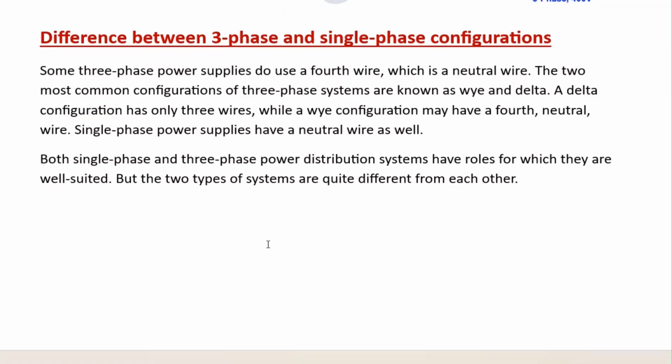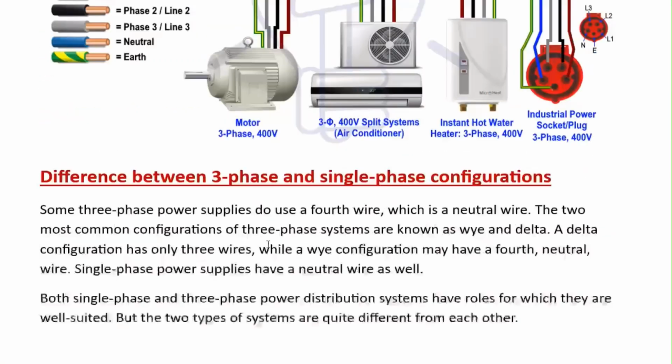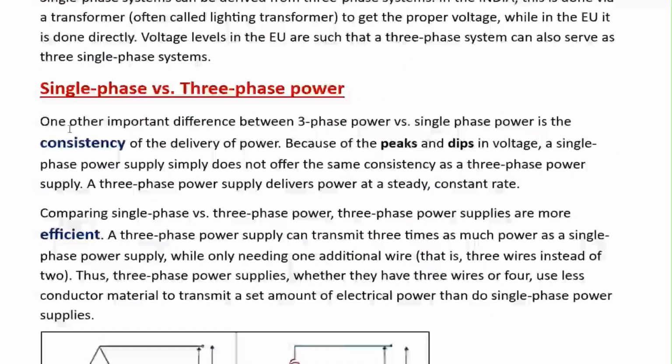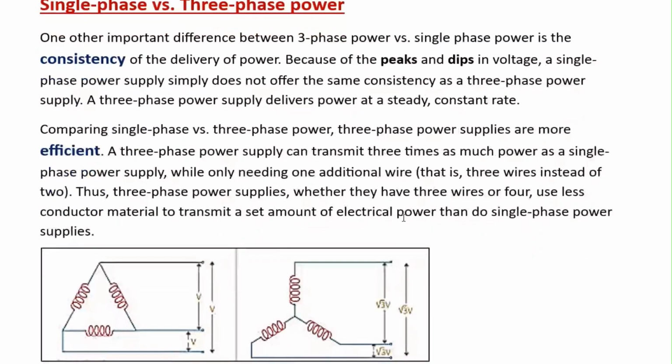So now, what is the difference between three-phase supply and the single-phase supply? This is important to know. One thing is consistency. In terms of consistency, three-phase power supply is more consistent as compared to single phase supply because of the peaks and dips in the voltages.